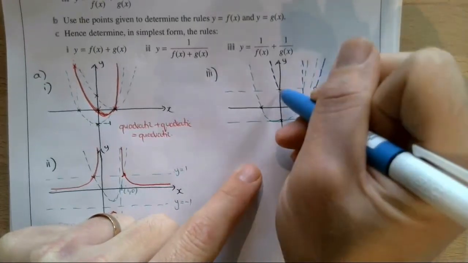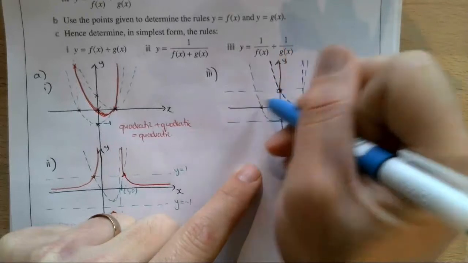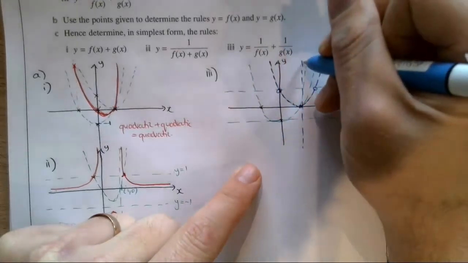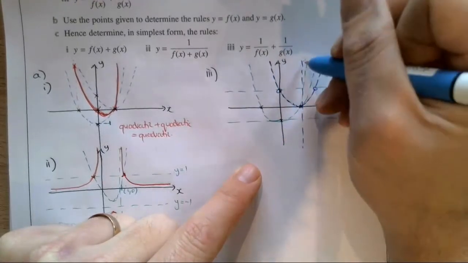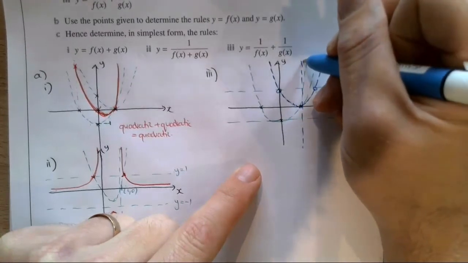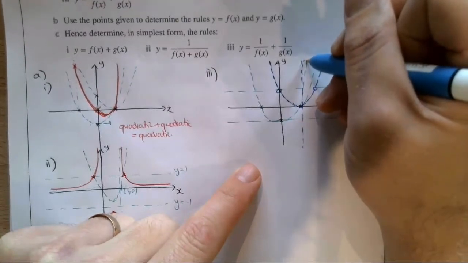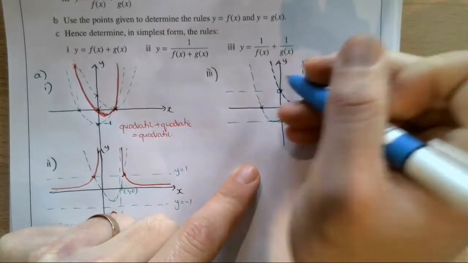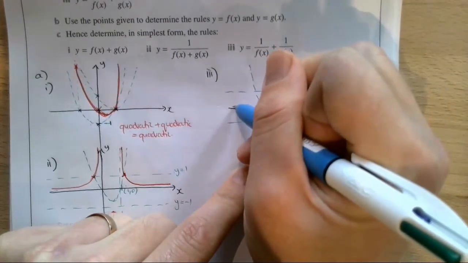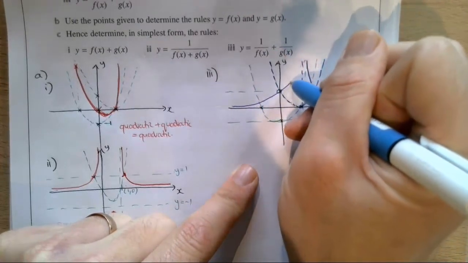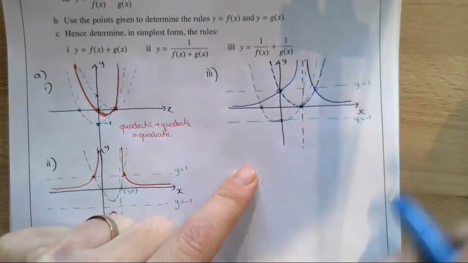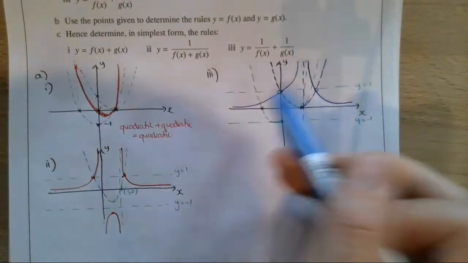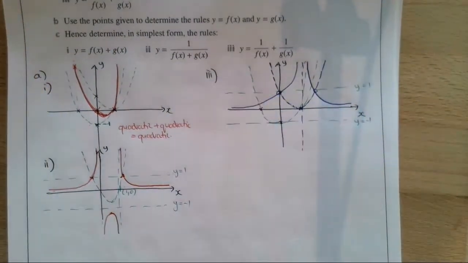I must cross here, and I must cross here because I've got to go through the original function. So it's going to look something like this. It's positive always, and this. So that's my first reciprocal function.